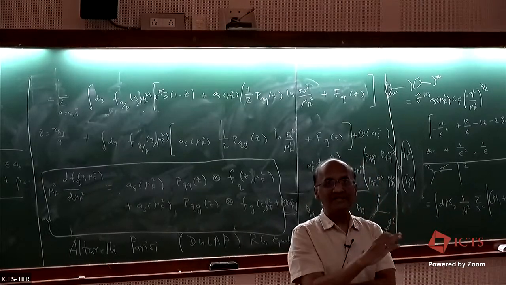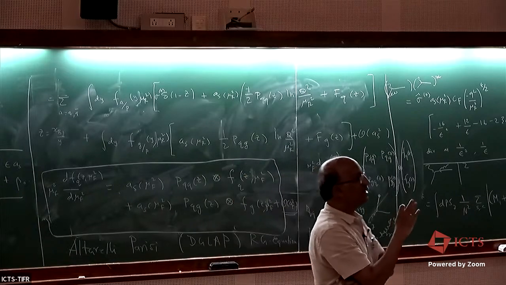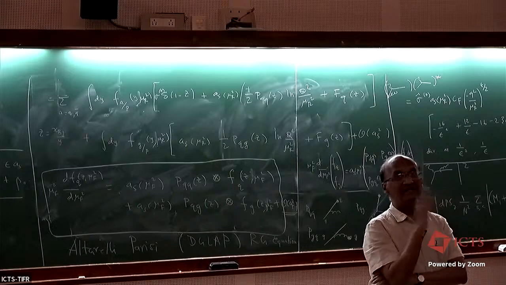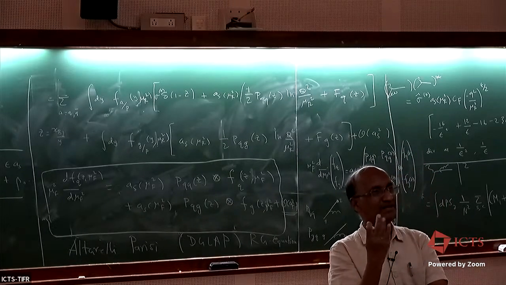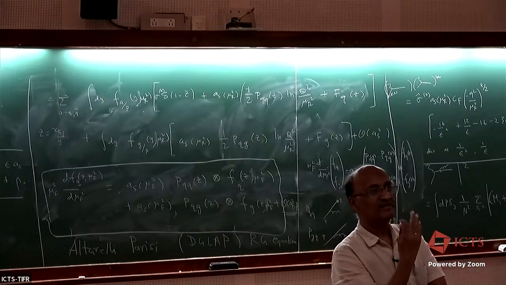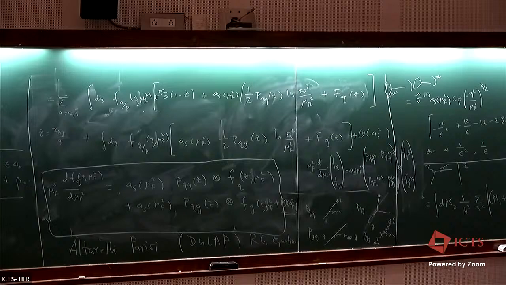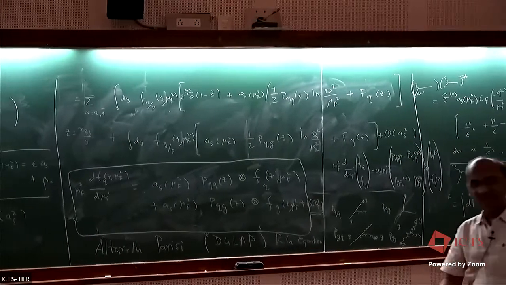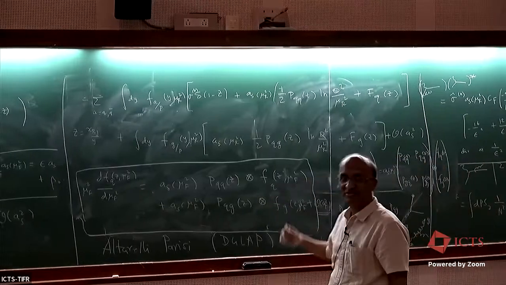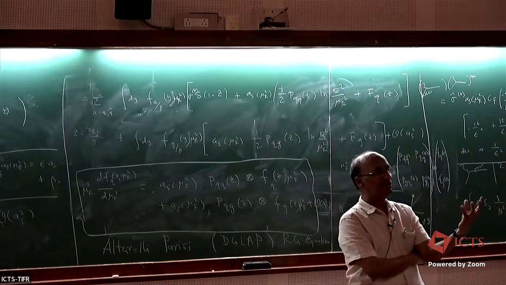Somebody can come and say, I don't like MS-bar, I'll use Mr. Ravindran's scheme and get some number like 0.113. You should not be too surprised. That's also a good number, not because it's Ravindran's, but simply because every scheme is equally interesting and important. That's one point. Why I'm saying this is the same spirit as when I say this is a PDF which describes partons inside the proton.